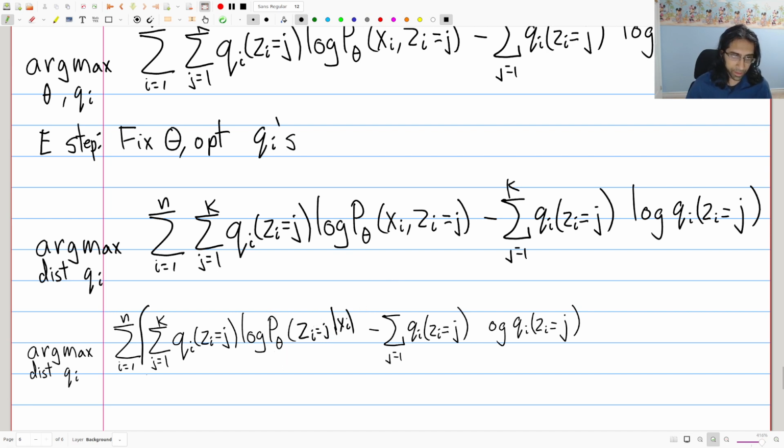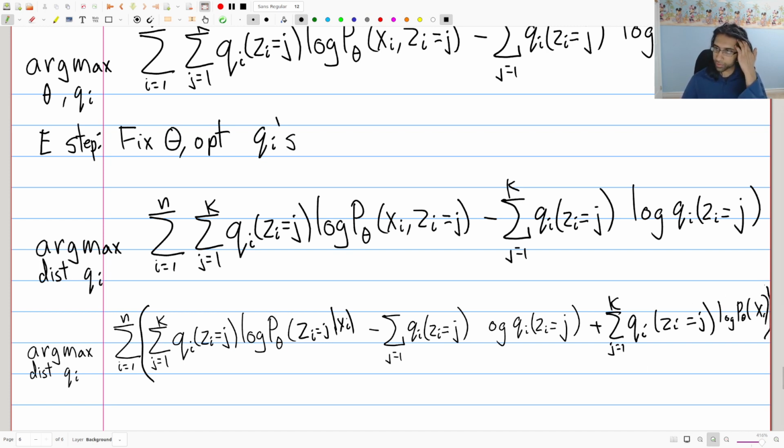Essentially what we would get now is the summation over j equals 1 through k of q sub i, zi equals j, times log p theta of xi, and then close parens over here.